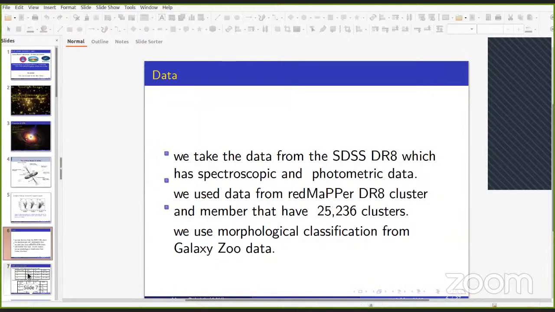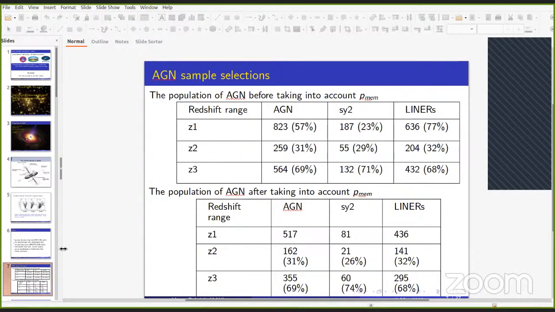Based on this, I made the BPT classifications and tried to select my AGN sample from the whole sample. First, I checked the probability of being a member of the galaxy clusters.